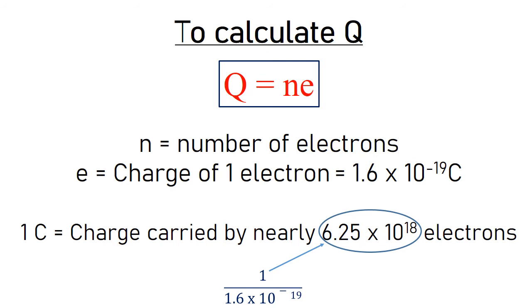Q is expressed in coulomb. So you define coulomb as the charge carried by 6.25 into 10 to the power 18 electrons. Is that clear?